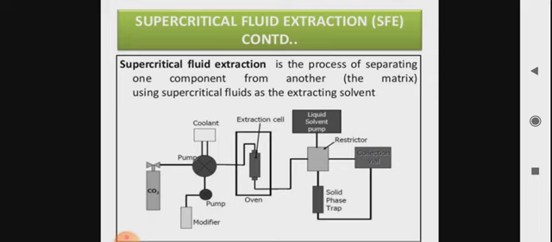Extraction is carried out, and there is an oven, so simultaneously heat is provided to the material for enhancing the solubilization of active constituents in the supercritical fluid solvent. Then the extract is forcefully pushed with the help of the pump into the solid phase trap, and at the same time the phytoconstituent is collected in a vial. So this is the supercritical fluid extractor and its operation.